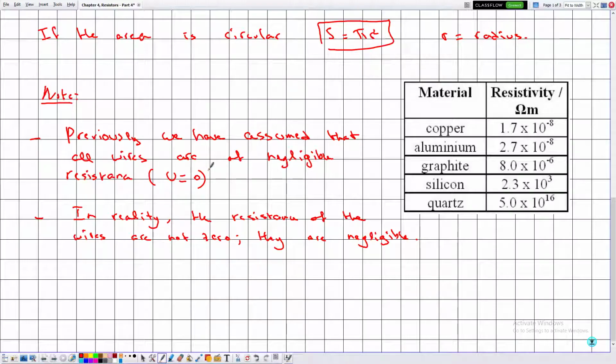For this reason, the resistance of the wire is not zero, but it is negligible.